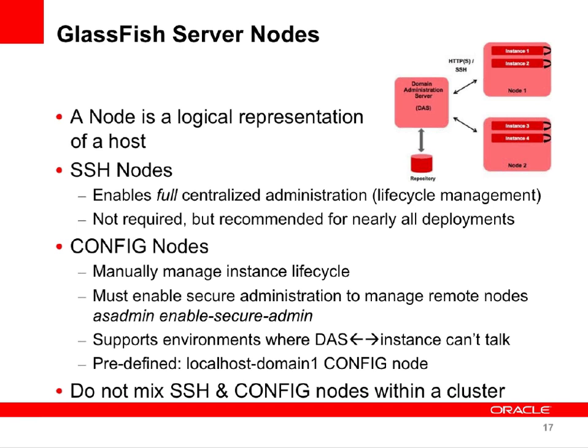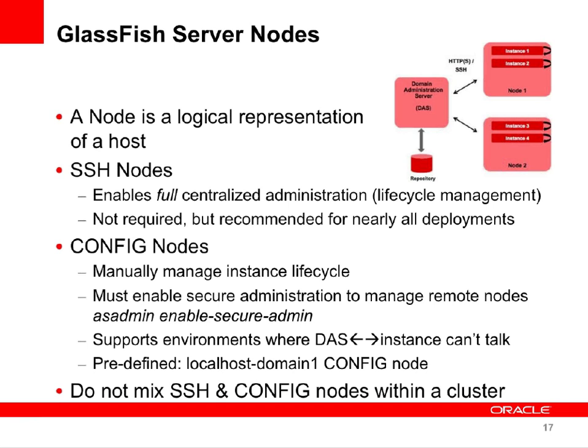While we expect nearly all users to use SSH-enabled nodes because it really facilitates centralized administration, it's actually not required. For those that don't want to use SSH, perhaps because they have extremely secure environments where they may not even let people use SSH, we have what's called config nodes. With a config node, you manually manage the lifecycle of instances.